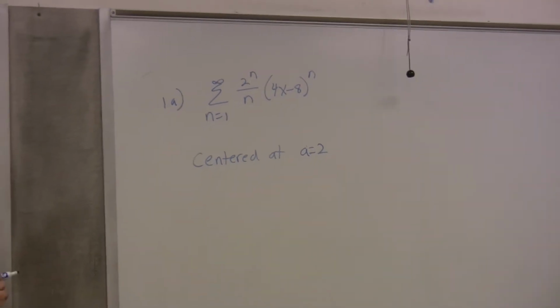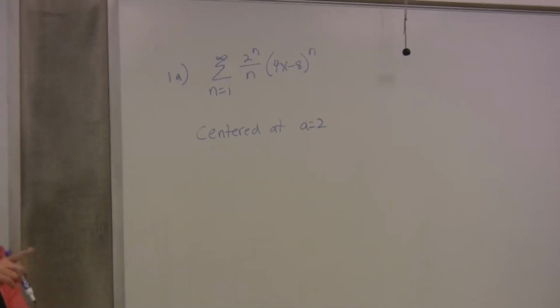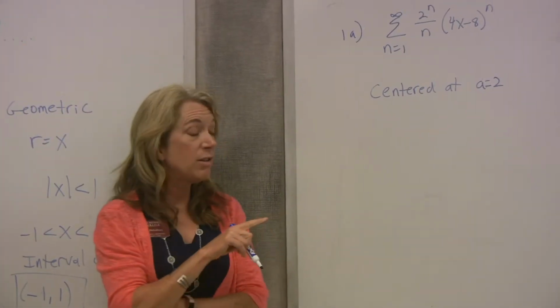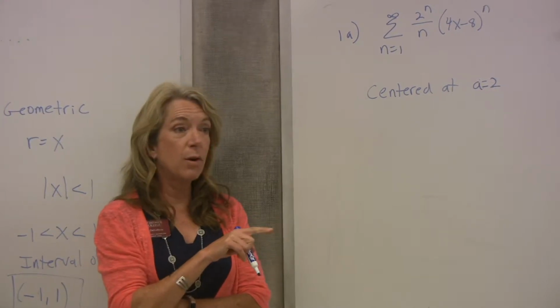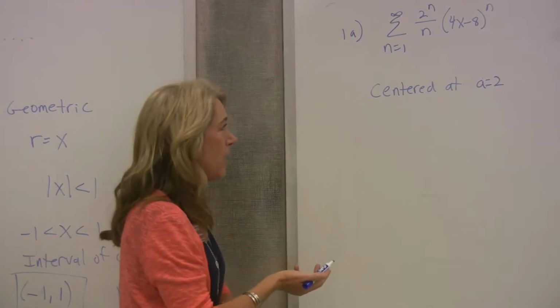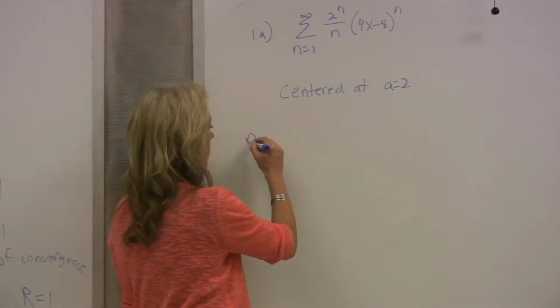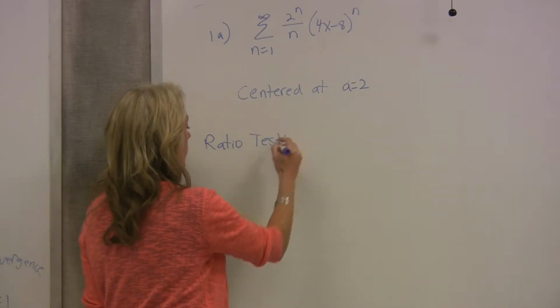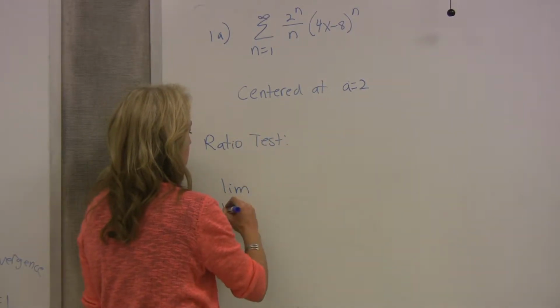Okay. So we want to really find out when is it going to converge. I'm going to use the ratio test. And I'm going to what I like to call force it to converge. Because I don't know how it's going to converge. But if I'm using the ratio test, we talked about this earlier, which is why I said we'll be seeing some practice. How does the ratio test work?